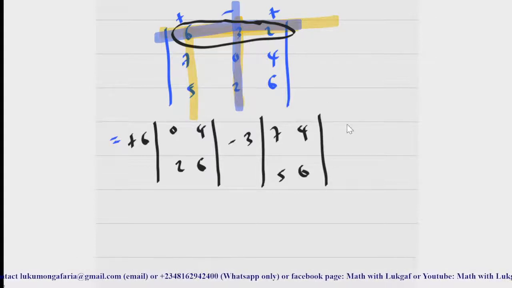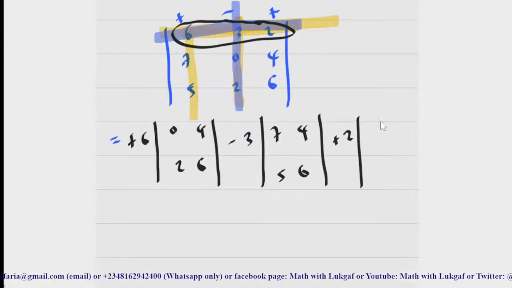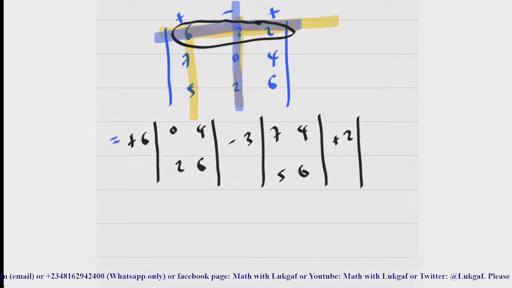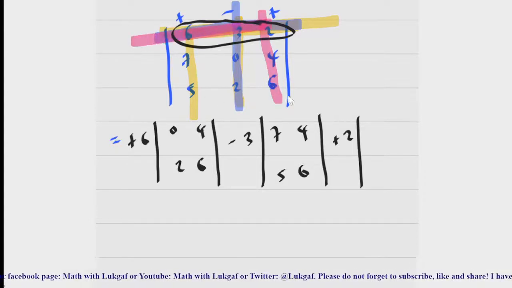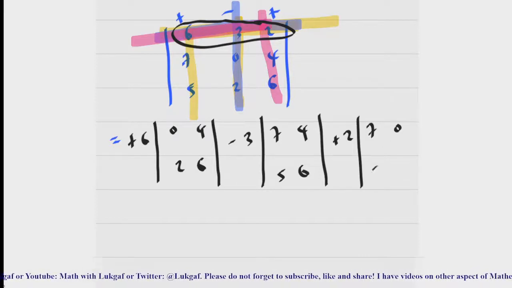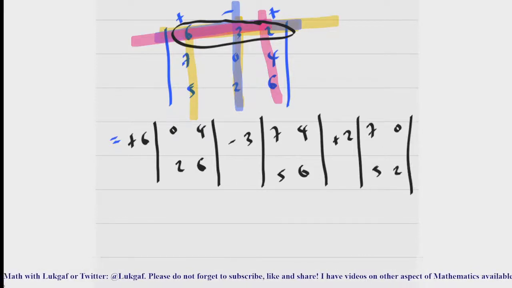And lastly, the last element. So you also clear the row as well as the column. What do you have left? Then I have 7, 0, 5, 2.